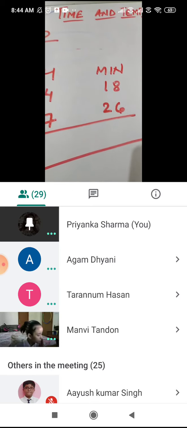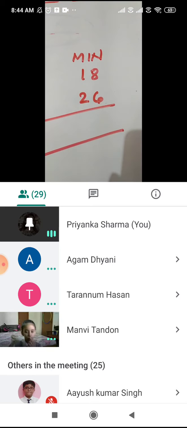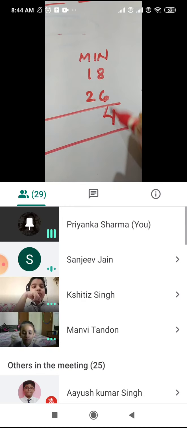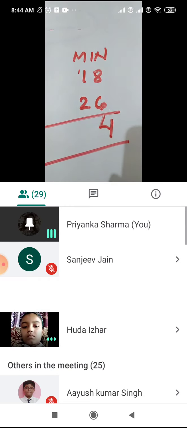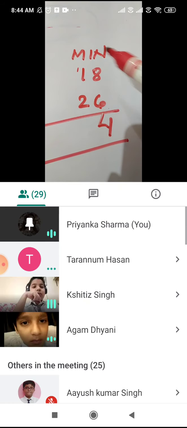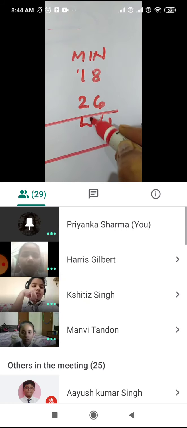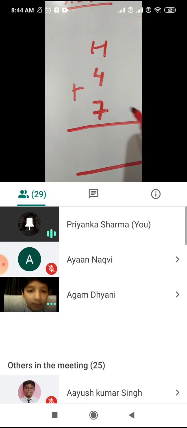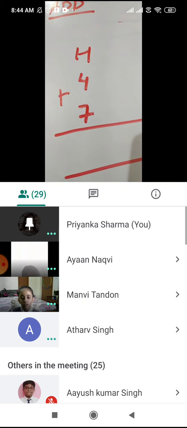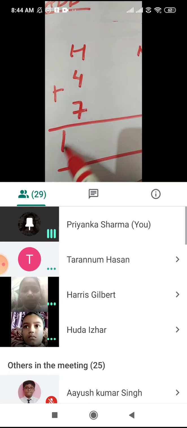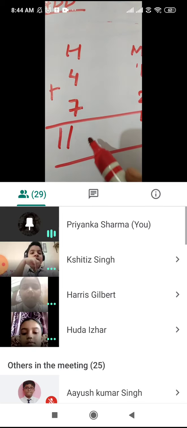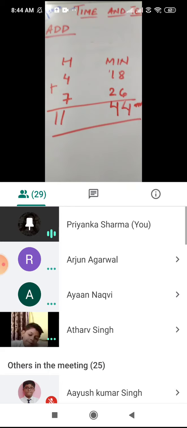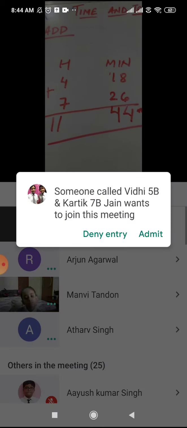Now here 8 plus 6 is 14. 4 we will write here, 1 will be carried over here. So 2 plus 2 is 4, 44 minutes in the minute column. In the hour column, 7 plus 4 is 11. So your answer is 11 hours 44 minutes. This is also a straight normal addition sum.